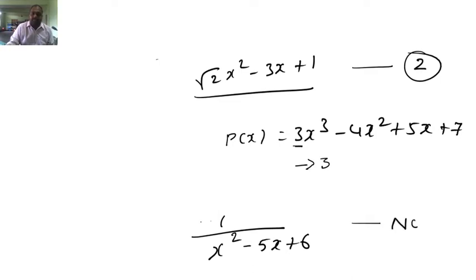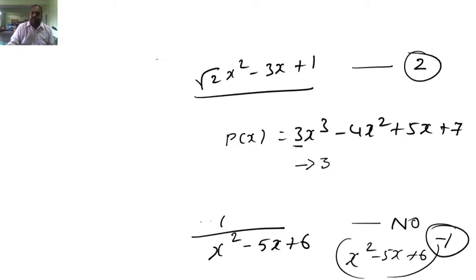No. Why? If you take it as a numerator, it will become x square minus 5x plus 6 whole to the power of minus 1. So we will get here power is minus, that means a negative integer. So it is not a polynomial. Okay.